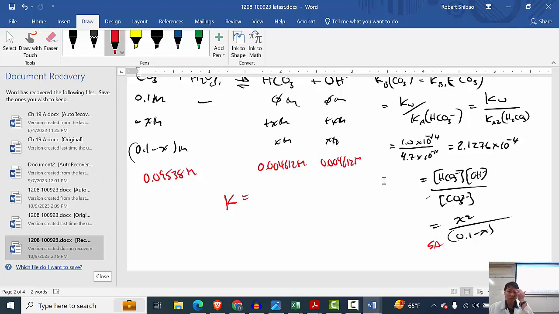And that gave you a K value of what? 2.23 times 10 to the minus 4. So we should get 2.13. It's close, right? It's pretty close. But we probably can get better.